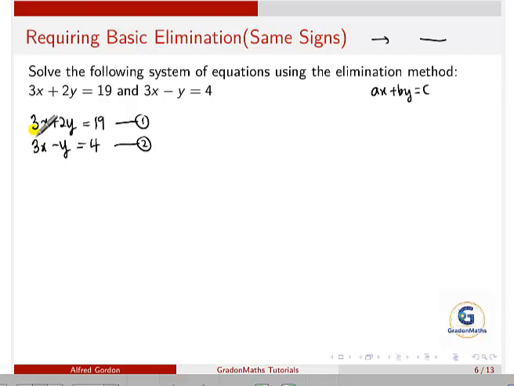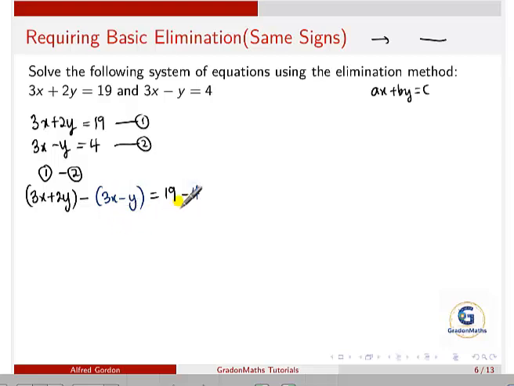And since the coefficients are both positive, we will subtract. So we can do equation 1 minus equation 2. At the left side of equation 1, we have 3x plus 2y, minus that of equation 2, which is 3x minus y, is equal to, it's still in the same order, equation 1 is 19, so 19 minus equation 2, which is 4.